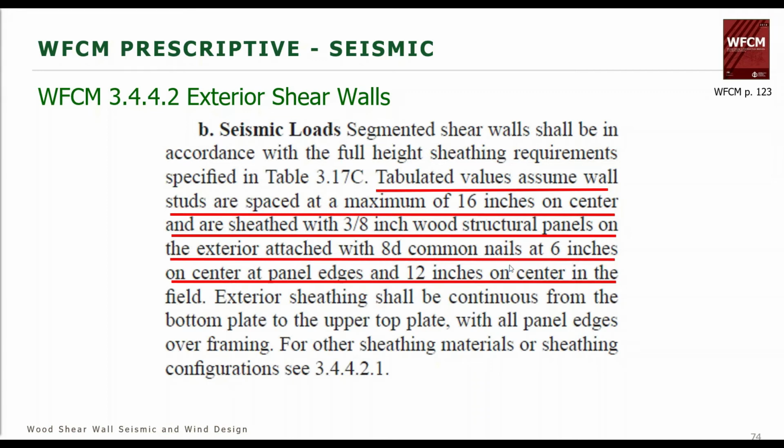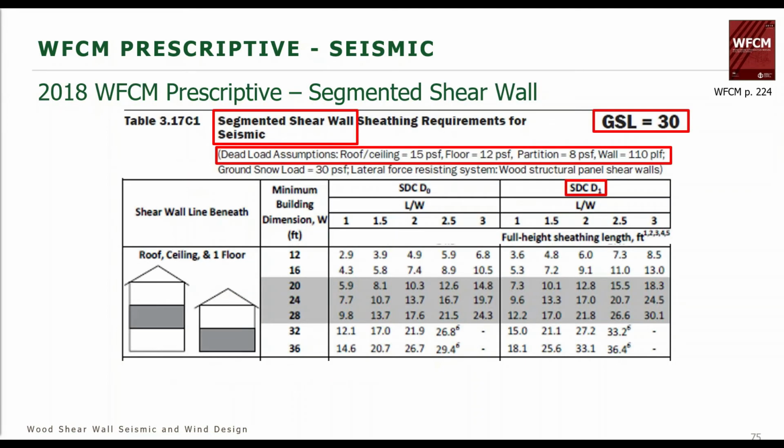And then we have 8 penny common nails at 6 inches on center, and 12 inches on center for field nailing. So this is the baseline shear wall that we are using in all of our design for seismic. It's very similar to wind design, except that the wind design includes gypsum, with some minimal criteria, when Lori was looking at this section. I can't remember the criteria, but it's in that same section.